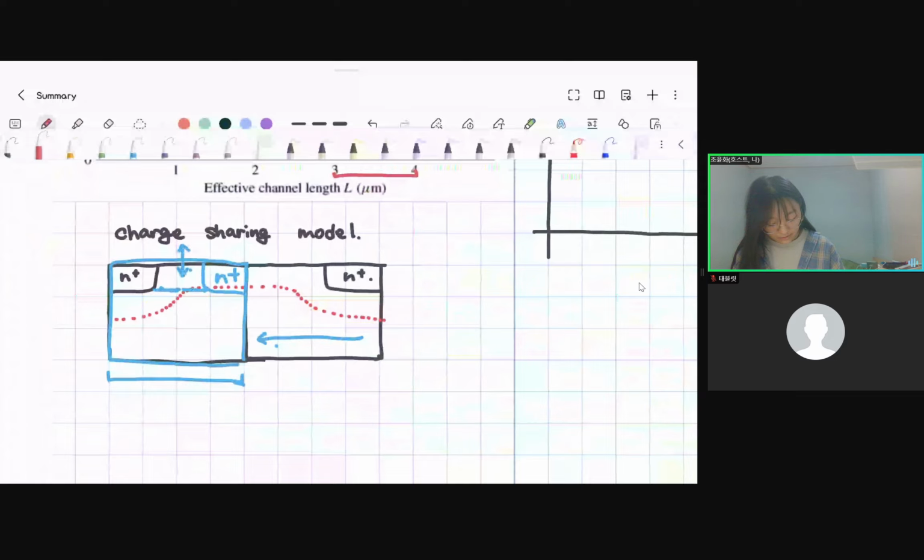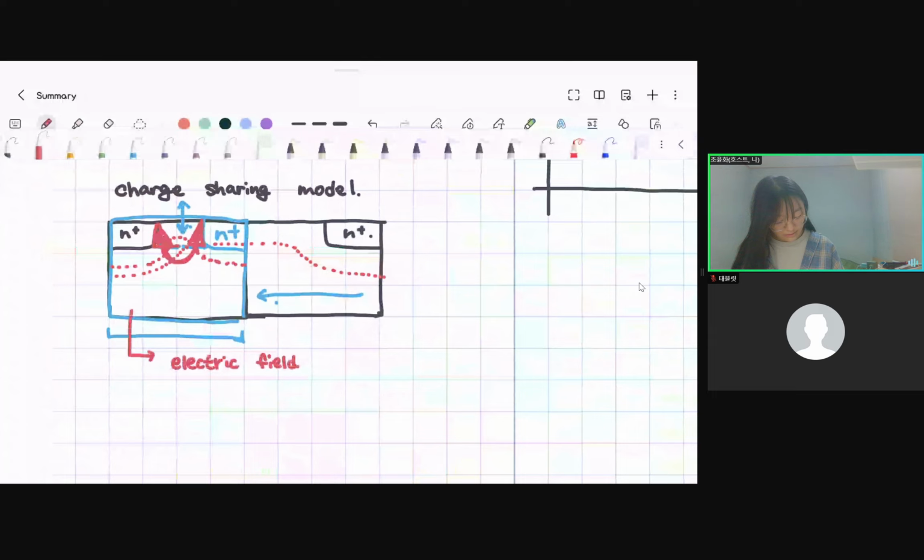So there is a region where the depletion regions overlap. When the depletion regions overlap, the electric field gets higher.